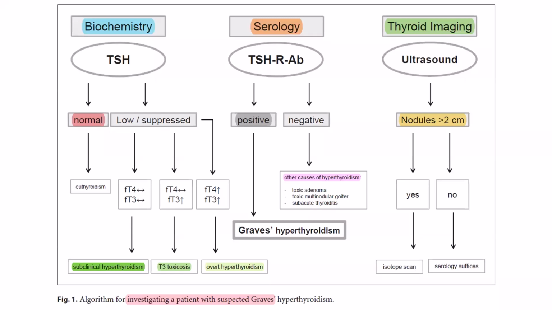So if you see a nodule of 1 centimeter or even 1.5 centimeters, it is almost always not a toxic nodule and there is no need for an isotope scan according to the guidelines and recommendation. But in any exam question, if TSH is low and the scenario presents a thyroid nodule, the next step is doing a thyroid scan. But in clinical practice, for a thyroid nodule to be toxic it must be more than 2 to 3 centimeters in dimension.